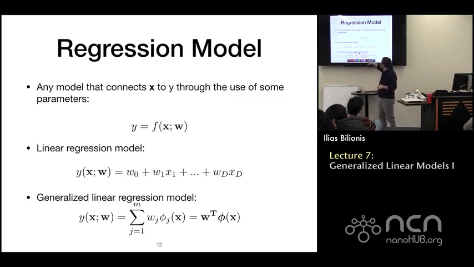Now using these basis functions, you can, if you like, enforce certain invariances or symmetries by making these basis functions satisfy them. You can make your output satisfy the same invariances and symmetries.